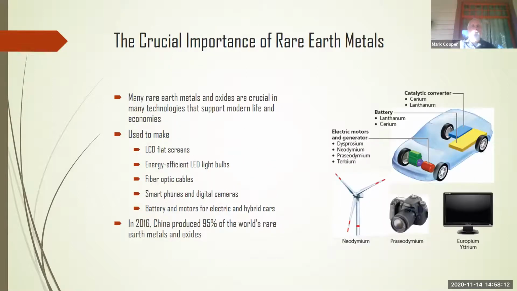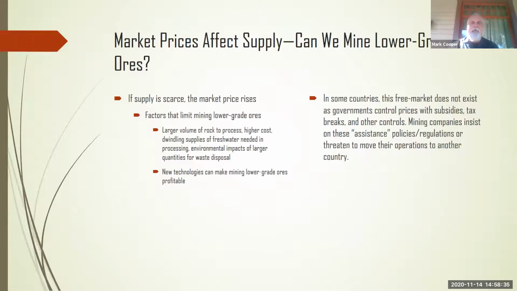And there's the crucial importance of rare earth minerals: LCD flat screens, light bulbs, fiber optics, smartphones, and digital cameras. So the computer generation, we're using a ton of this stuff. And China right now is producing 95% of it, which gives them a huge amount of power, so we want to keep that in mind. Market prices affect supply.